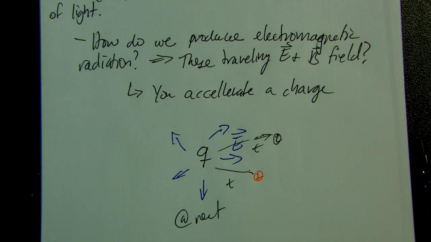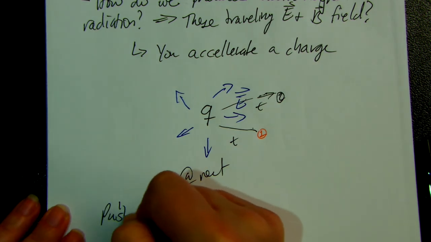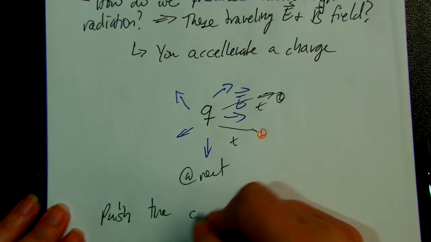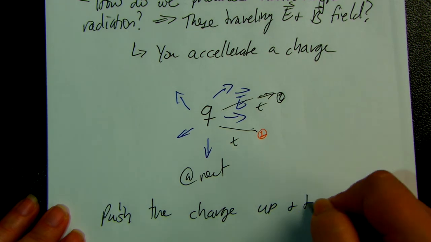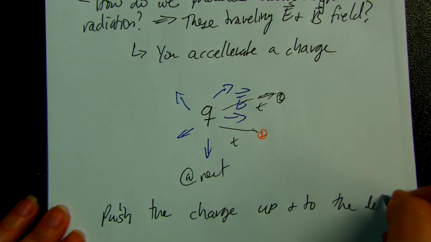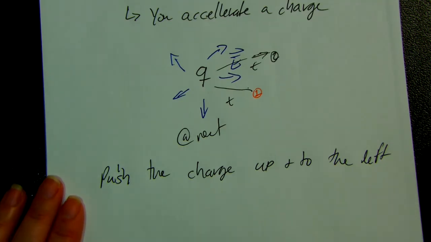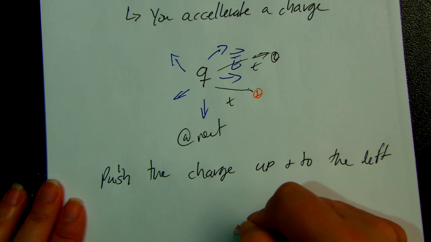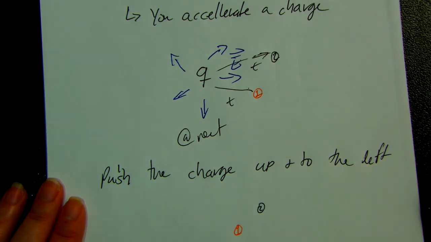All right, so now we're going to accelerate the charge. So we're going to push the charge up and to the left. So let me write in observer 1, observer 2.